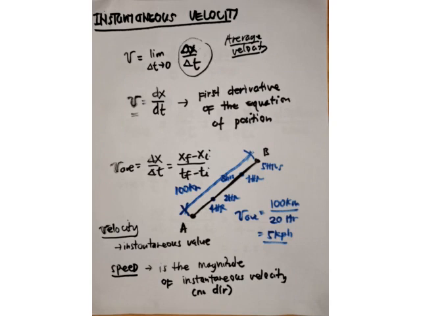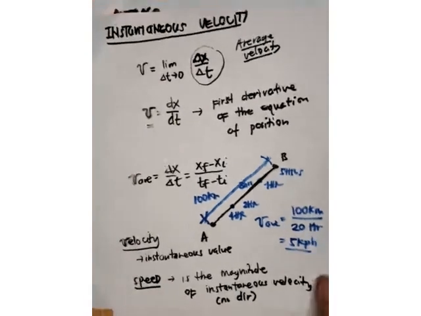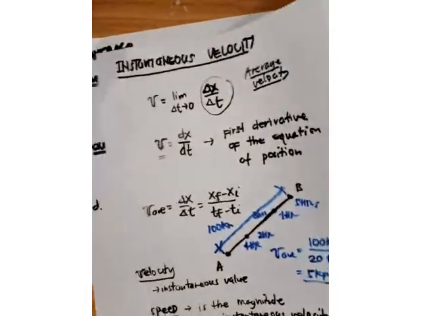Pero if you are dealing with average, we need to attach the word average. But for instantaneous, no need to write the word instantaneous before velocity and speed. Ayan. Okay? So ngayon, we will be solving examples, okay, involving average velocity and instantaneous velocity.